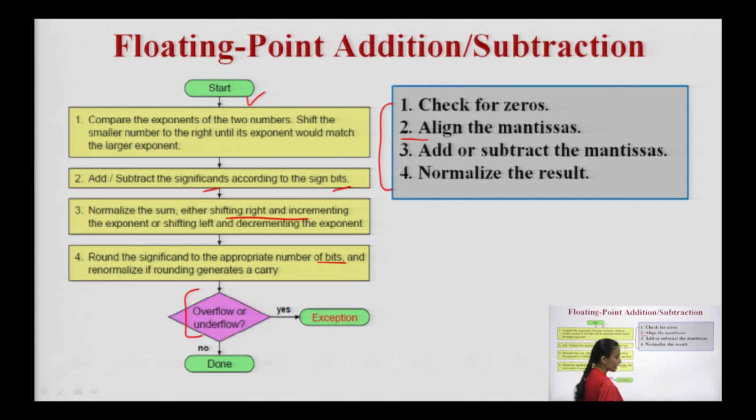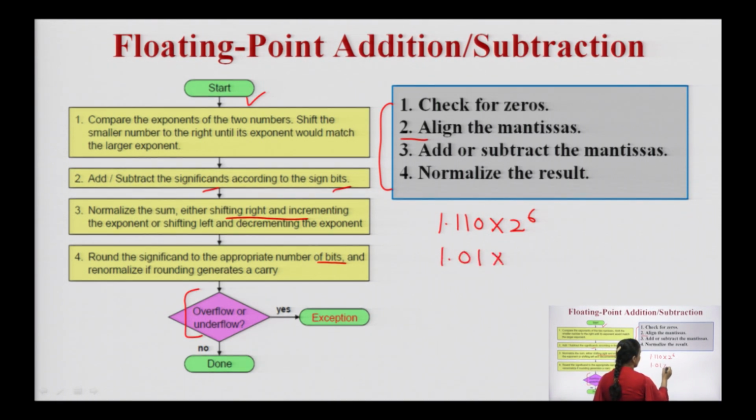If yes, then I will raise the exception, and if there is no exception, then it is clear. Suppose I take one number as 1.110 into 2 to the power 6, and the second number as 1.01 into 2 to the power 4. Suppose this is my number A and this is my number B. As I told, they are checked for the higher exponent.